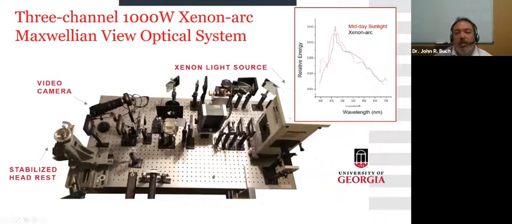It was specifically chosen because it closely matches the spectral output of midday sunlight. The advantage is that we can test indoors, in very controlled environments, what patients will see when they step outdoors.